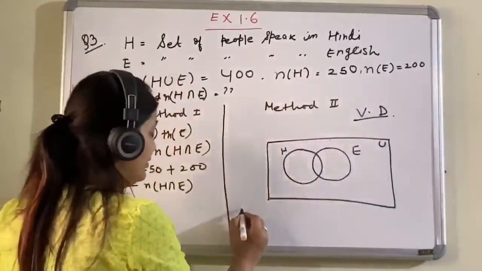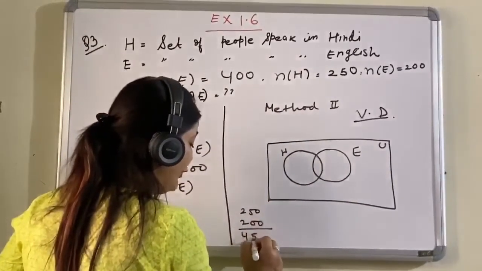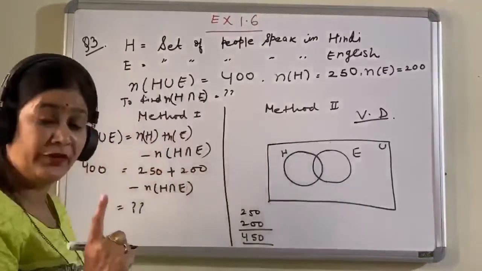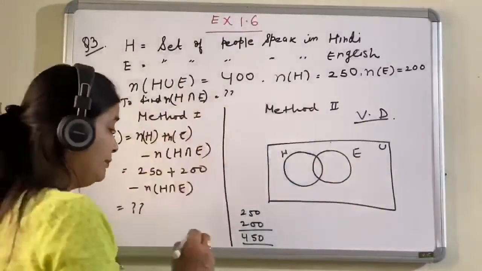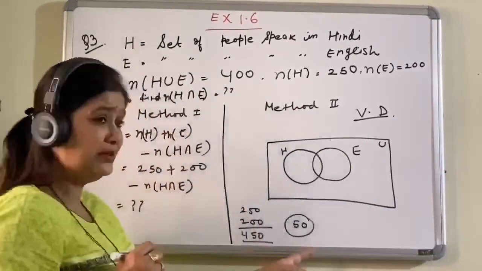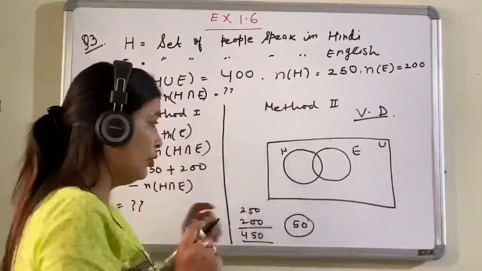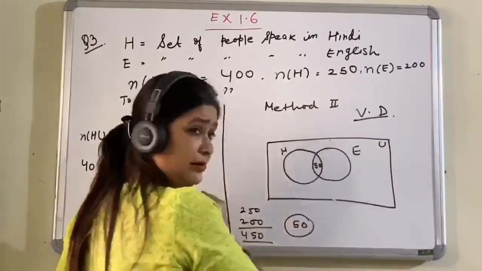When we add 250 and 200, we get 450, but the total number of people is 400. So that means 50 people are common. So we can write 50 in the common area, right?